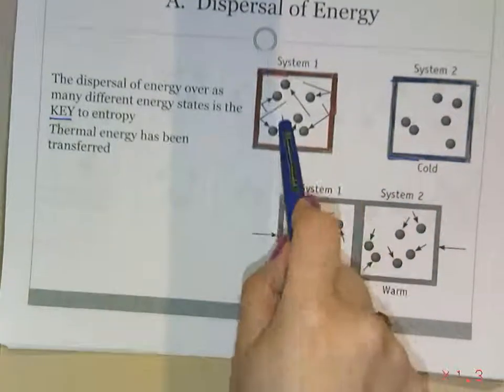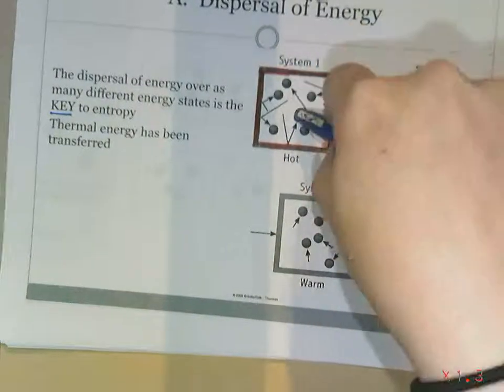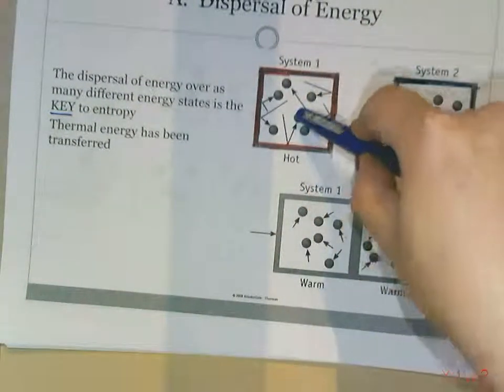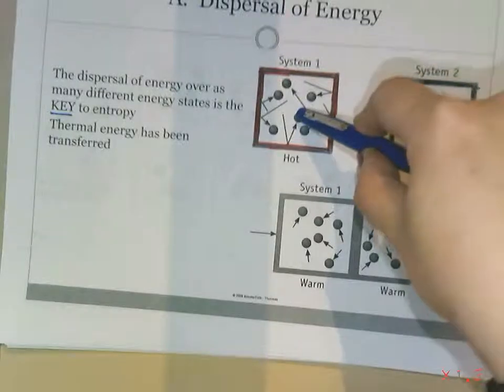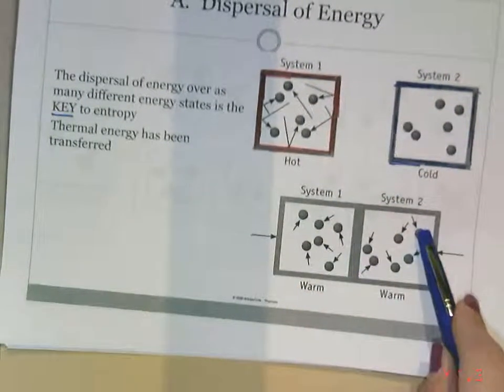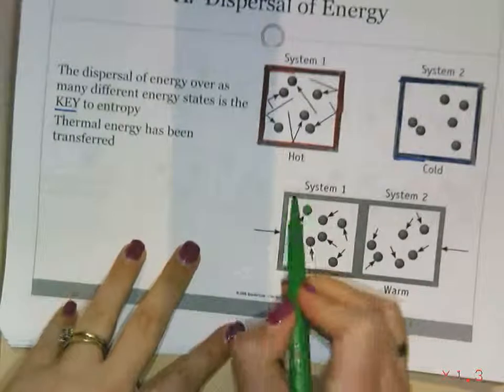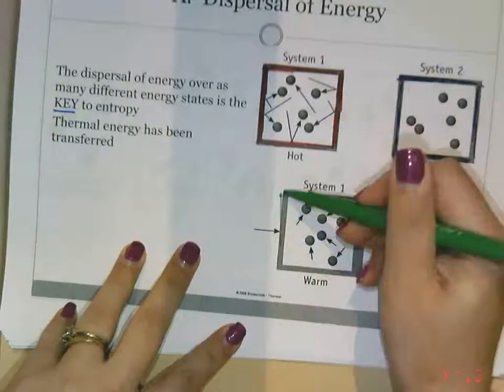Here's my ice cube I'm going to put into my coffee. What happens to the temperature of the coffee? What happens to the temperature of my ice cube? It goes up. I don't have a color in between red and blue, so I'm going to call it green. I know it doesn't work with the color wheel. I'm sorry.